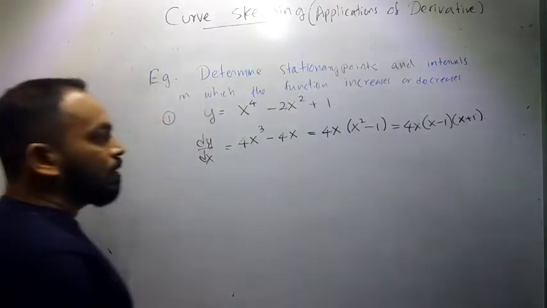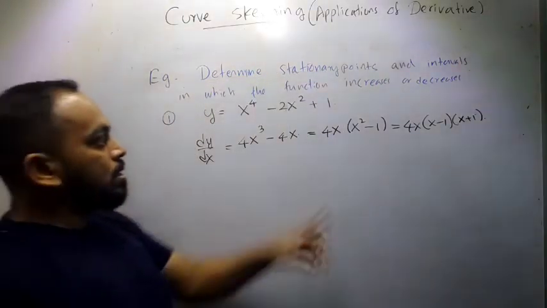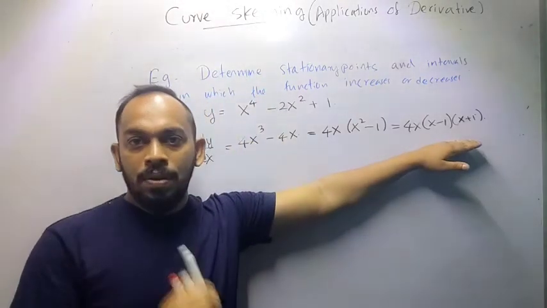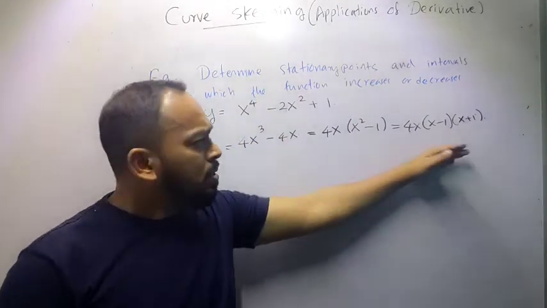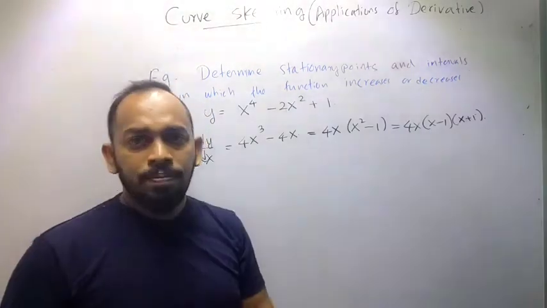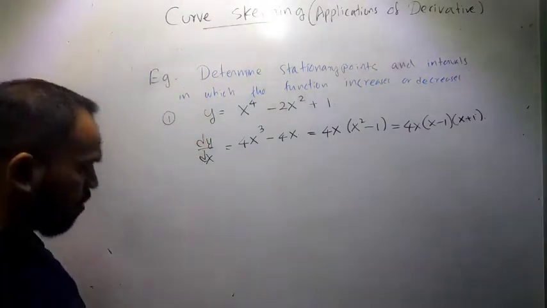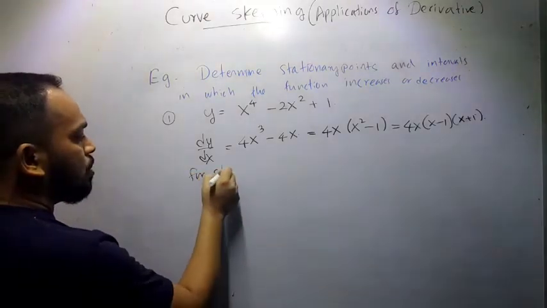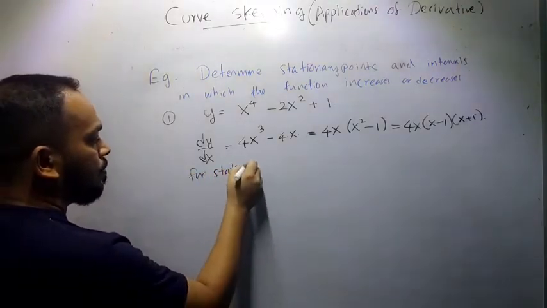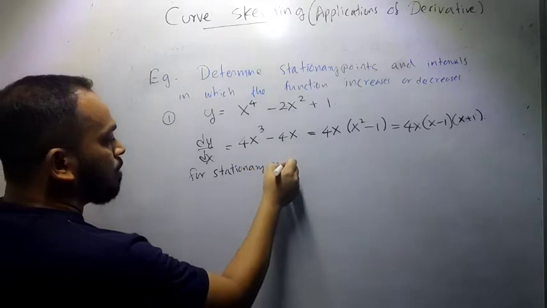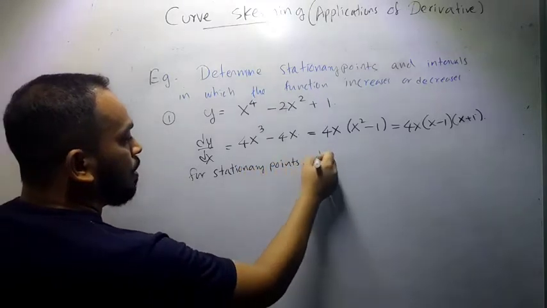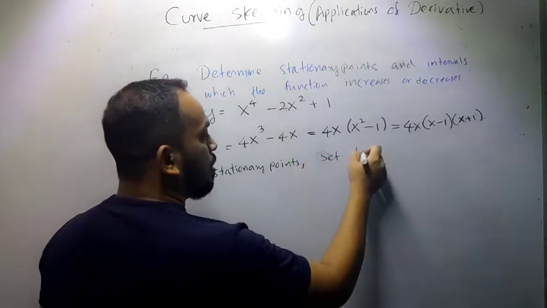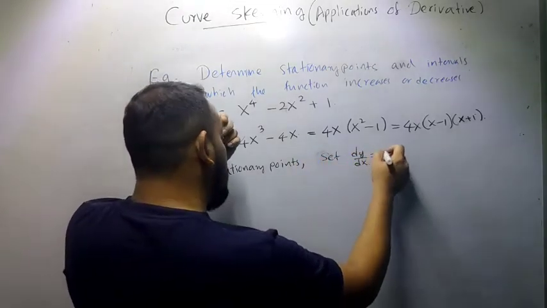Right. So how do you find the stationary points? To find the x values of the stationary points, we just equate this to 0. For stationary points, set dy by dx equal to 0.